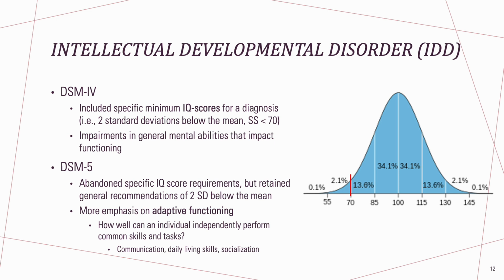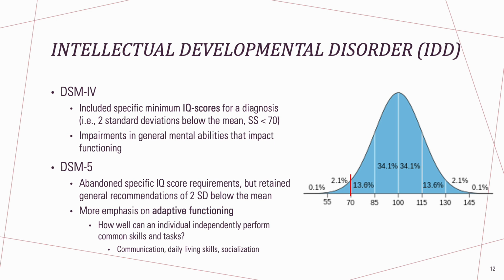With DSM-5 and current approaches, we no longer have this specific cutoff as a hard rule. So, as it says here, we abandoned the specific IQ score requirements, but we still retain this general recommendation of 2 standard deviations below the mean as signifying that there's possible intellectual disability. However, now there's more emphasis on adaptive functioning.